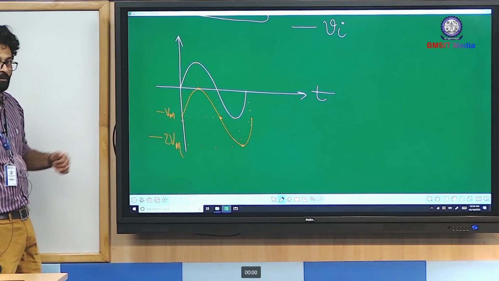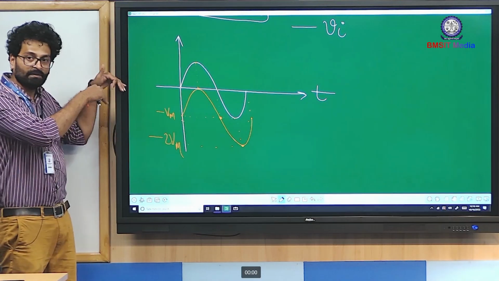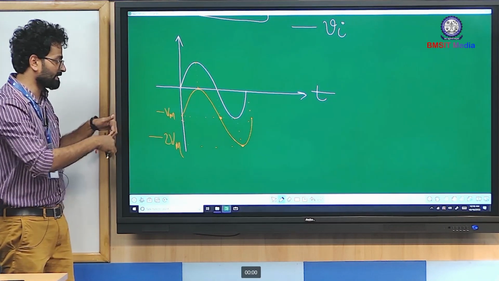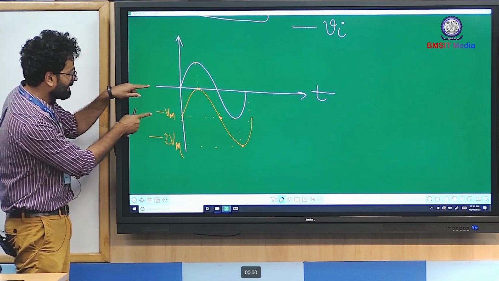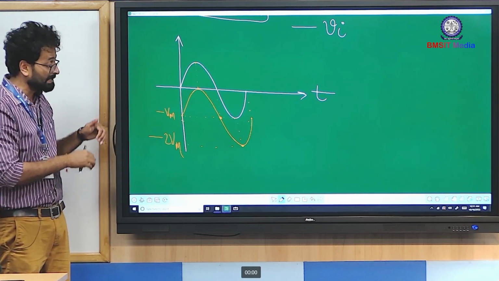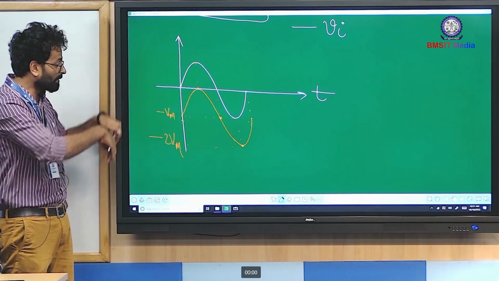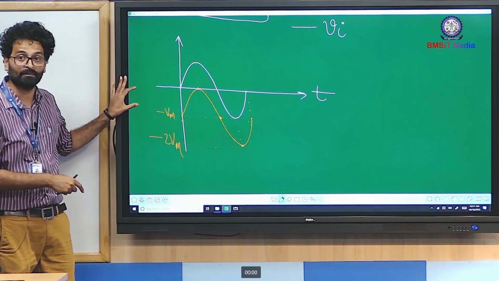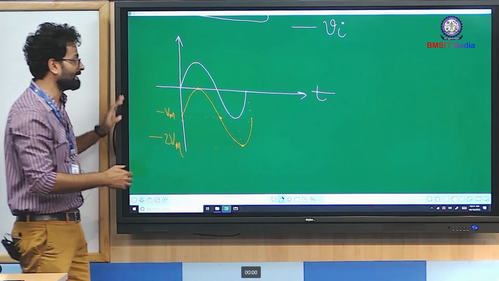As you can clearly observe, the wave is getting pushed in the downward direction by negative Vm volts. Since the waveform is getting pushed downward by negative Vm volts, it is called a negative clamper.